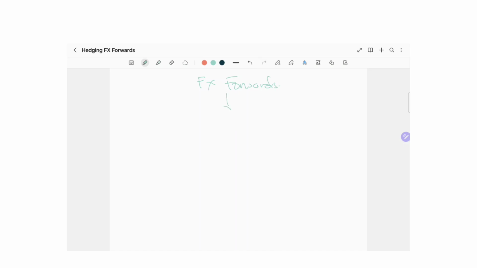What we really want to discuss here is how we can hedge FX forward exposures. This has been a question that comes up recently, and we'll briefly unpack it and help you understand how to approach such questions.